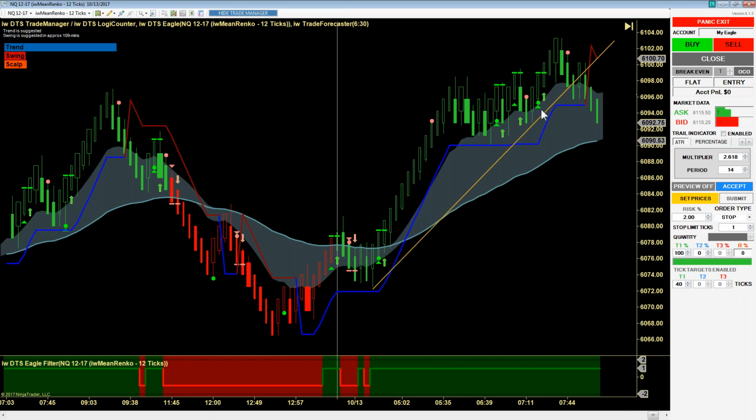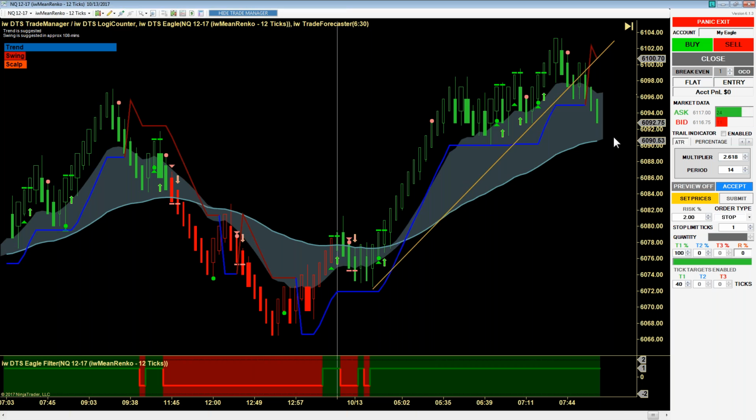So if you draw a trend line on your chart, or you're watching your moving average or your cloud or whatever, if you see a break, there's a very good chance that three-quarters of the time that breakout will fail.